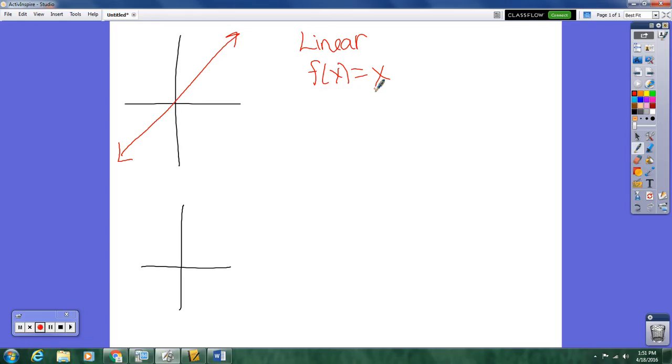Now the next part says the children of this parent are going to have an x plus 3 added and an x minus 3 added. So within that x, we're going to have a plus 3 and a minus 3. They want to know what that equation is going to look like.